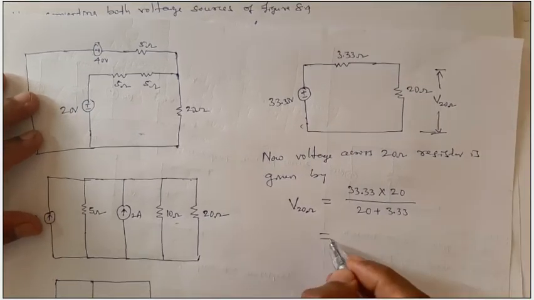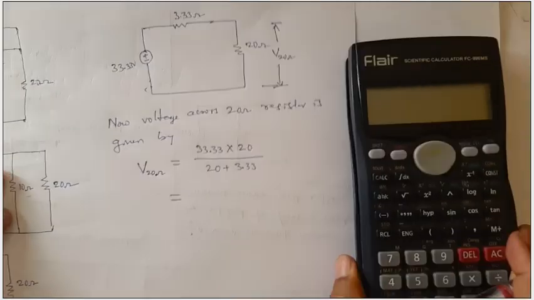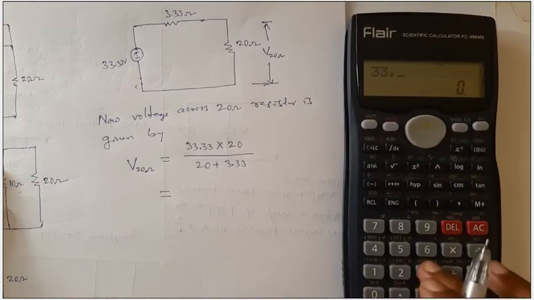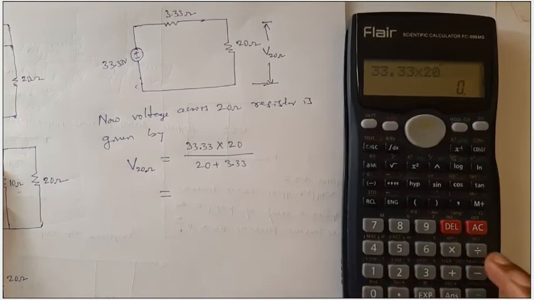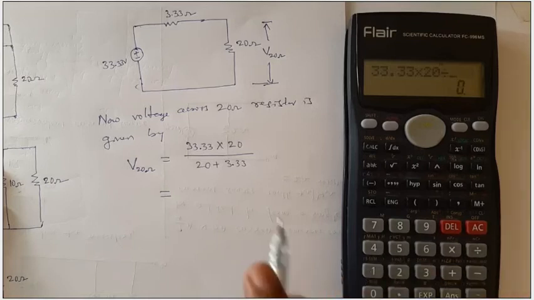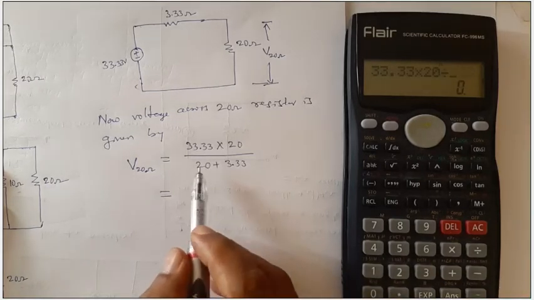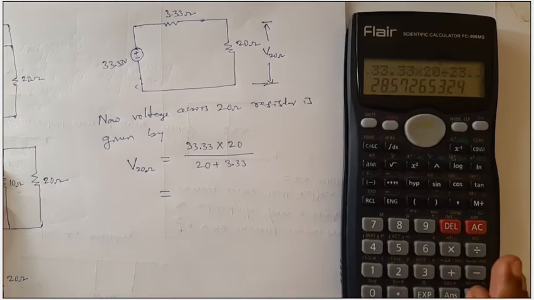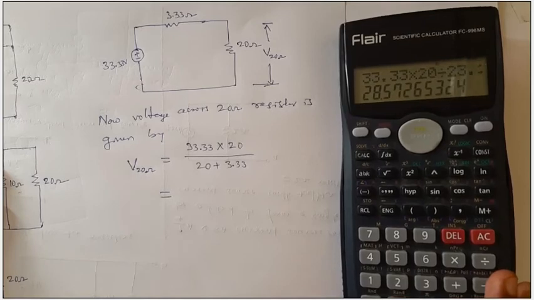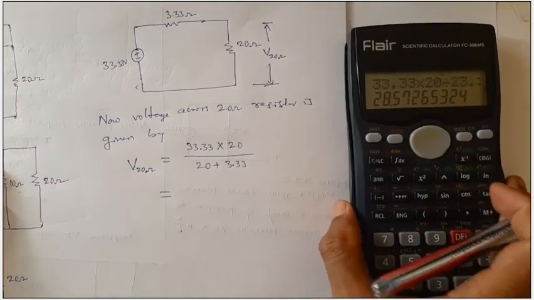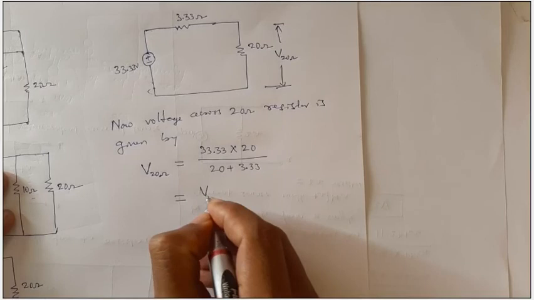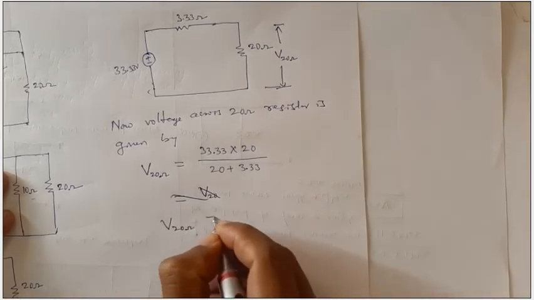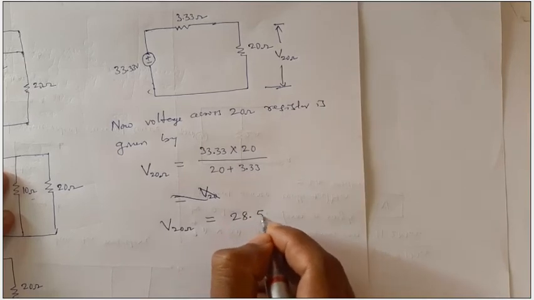So let us calculate this: 33.33 into 20 divided by 23.33 is equal to 28.57. V20 ohm is equal to 28.57 volts.